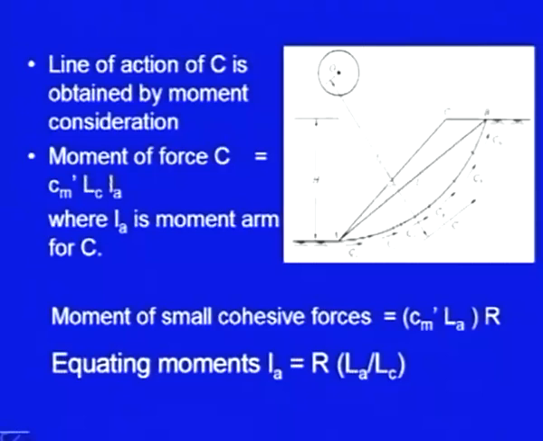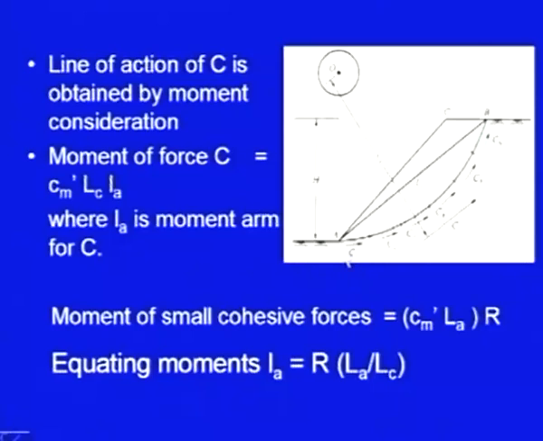This moment should be equal to the moment of small cohesive components which we took last time. If I take these components C1, C2, C3 and so on up to Cn, all these forces are acting perpendicular to the radial vector and their lever arm will be equal to the radius of this particular trial circle. So, the moments of small cohesive forces will be equal to Cm dash into La.